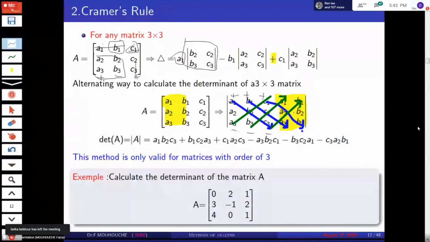This is how to calculate it, but this method is only valid for matrices of order 3.